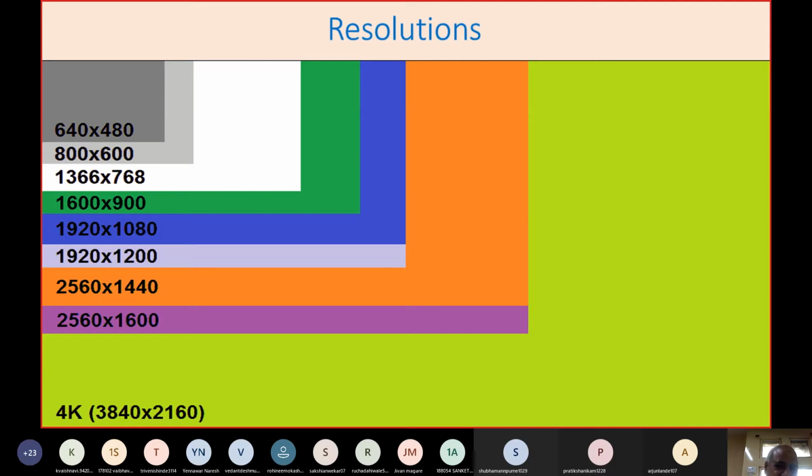If you go online, 640 by 480 resolution is capable of giving only VGA. Then 800 by 600 gives Super VGA. Then it went to 1600 by 900. Then comes the blue picture that is shown with the size of 1920 by 1080. Now you know this is HD resolution.